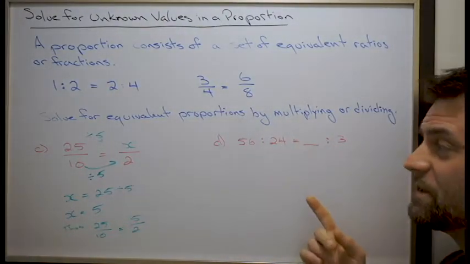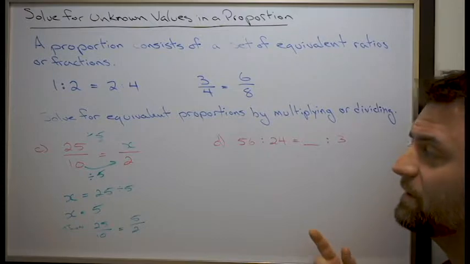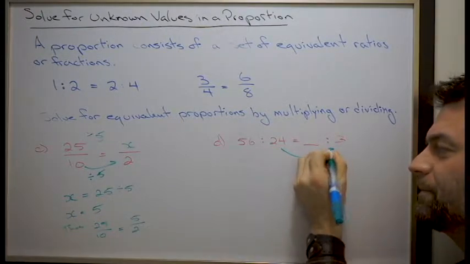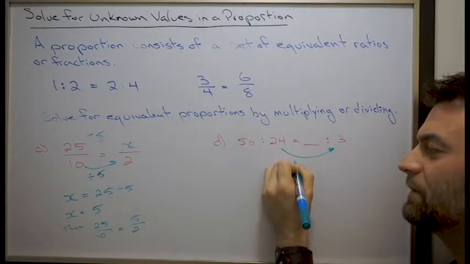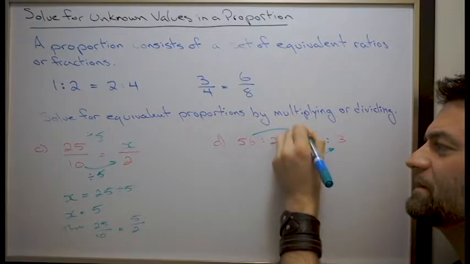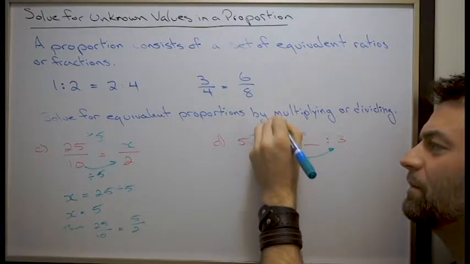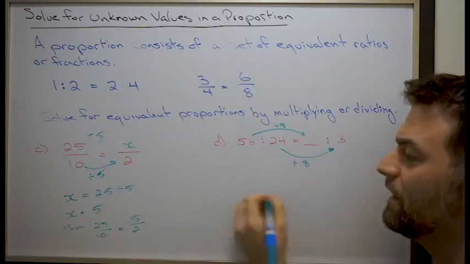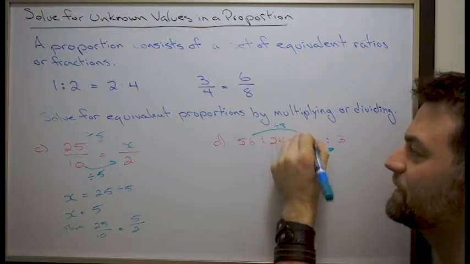And in the second case here, we're going to do the same thing. We're going from a larger to a smaller. So to go from 24 down to 3, well, that's division by 8. So we need to divide 56 by 8, and that's our x value there.